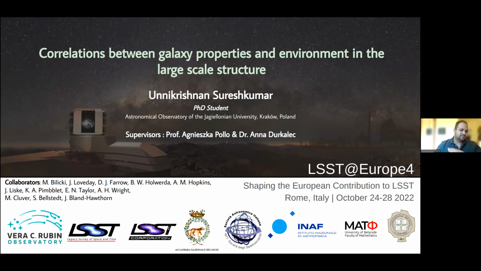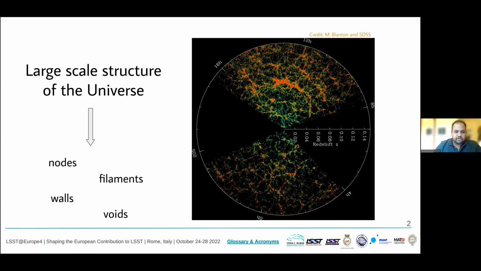Today I plan to talk about the correlations between different galaxy properties and the environment in the large scale structure that we have observed both in the observations and in the LSST simulations. So we all know that the large scale structure of our universe consists of regions with overdensities of galaxies such as nodes, and regions where fewer galaxies live together called voids.